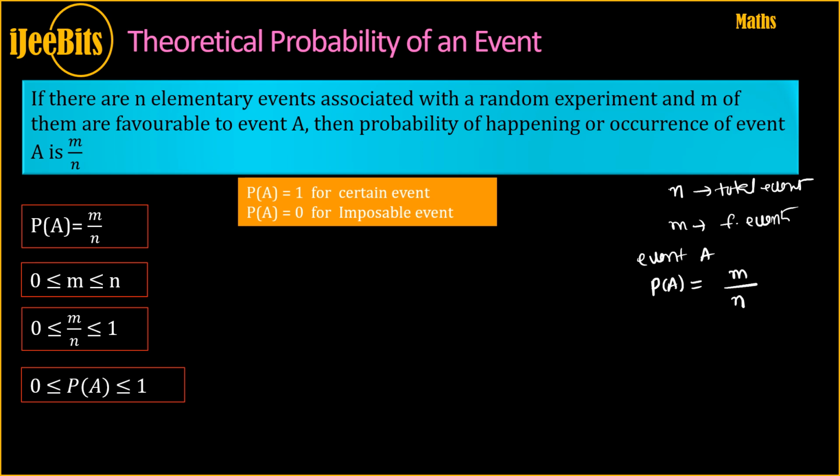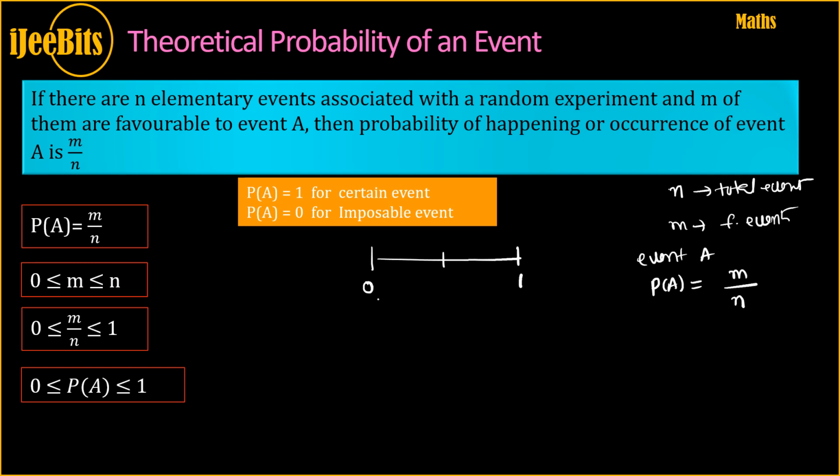If you look at a probability line, certainty is when the probability of A is 1. 0 means it is an impossible event. In the middle you have something, right? So what is the value of P of A?